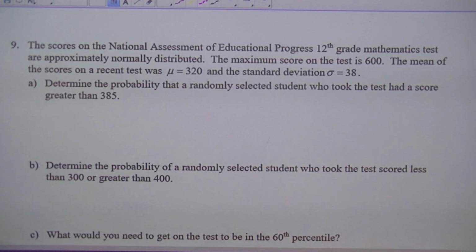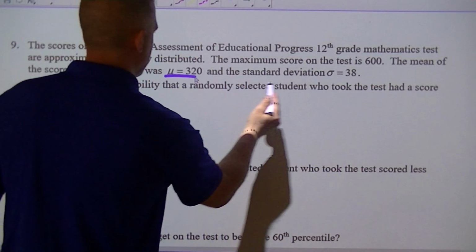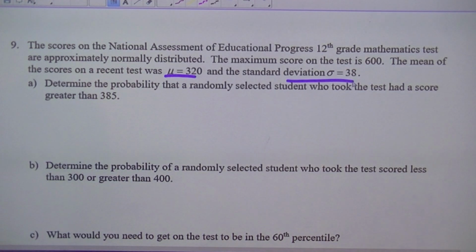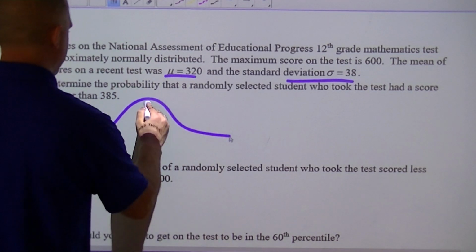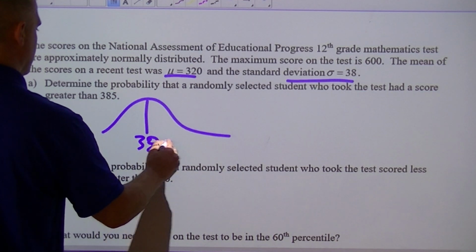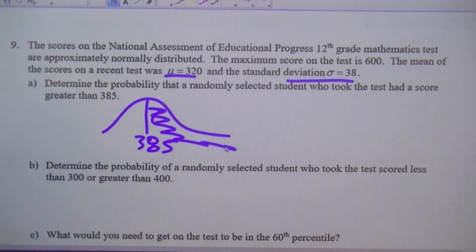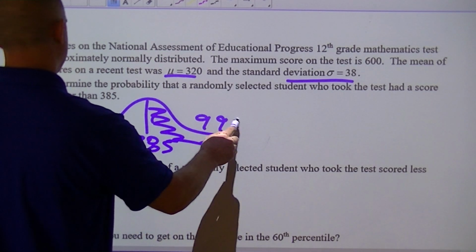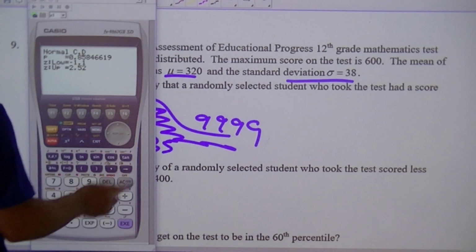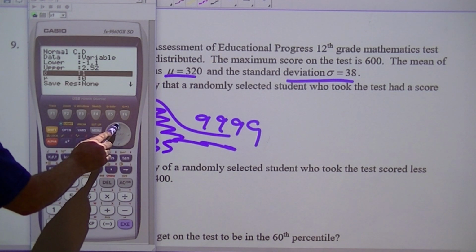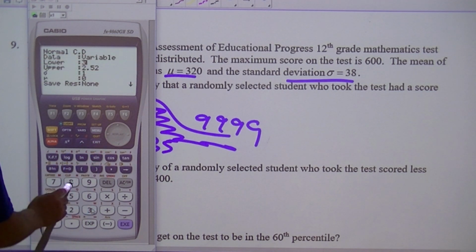Okay? All right, another thing, mean, standard deviation. Score greater than 385. Okay? So that means I got to put the 9s. 385 would be the lower.